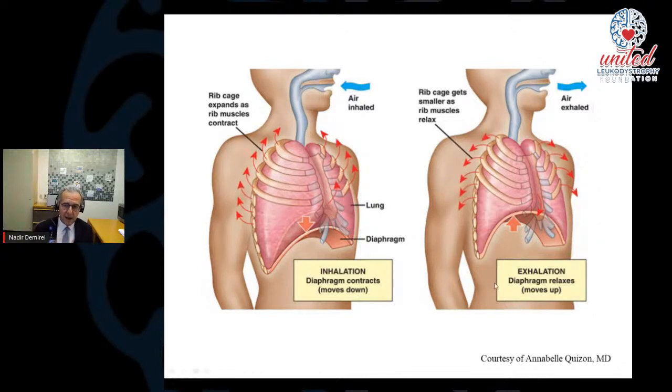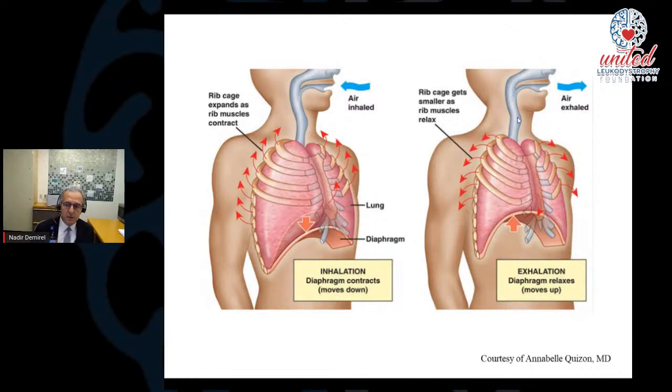When you exhale, on the other hand, it's more of a passive movement. So the muscles relax and the air goes out, and the muscle goes back to its previous state at the beginning of inspiration. So the inspiration is a forceful, muscle related, mostly diaphragm related action, and expiration is more of a passive action.